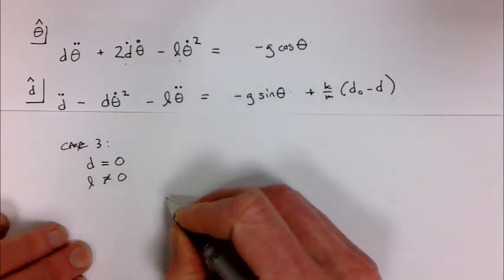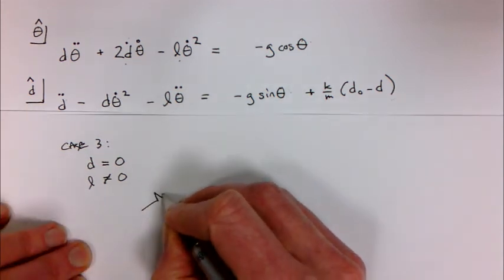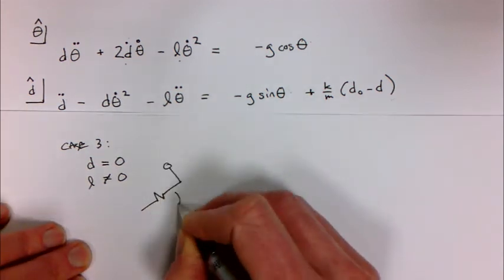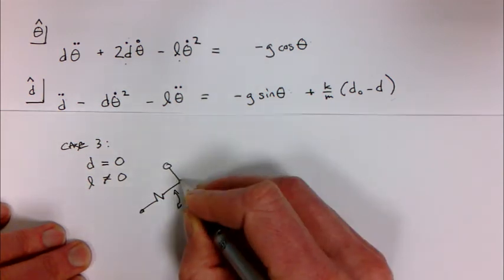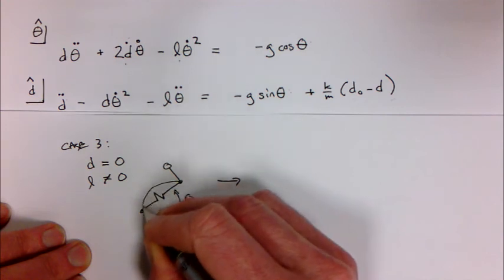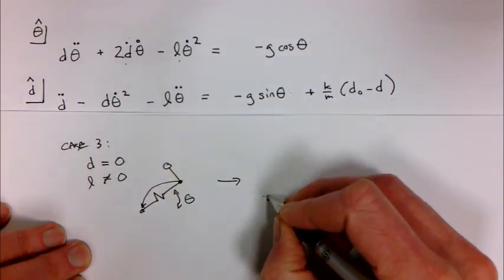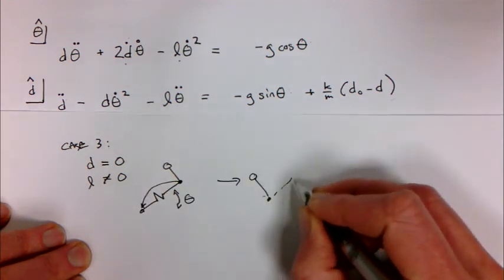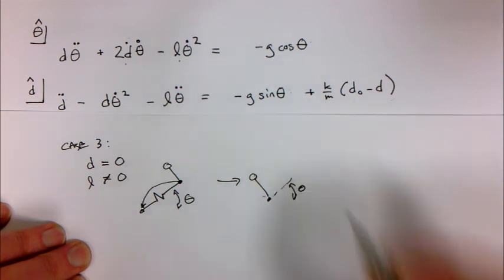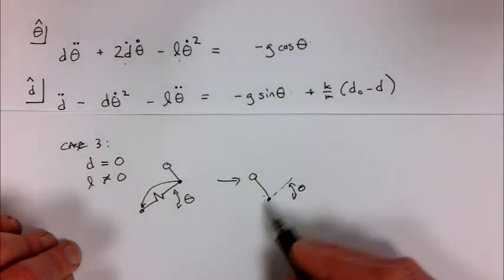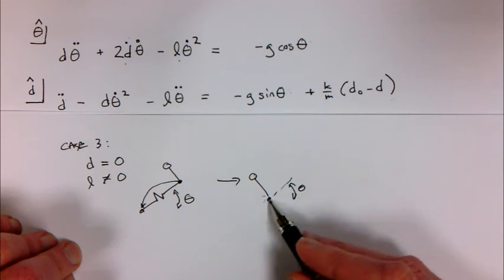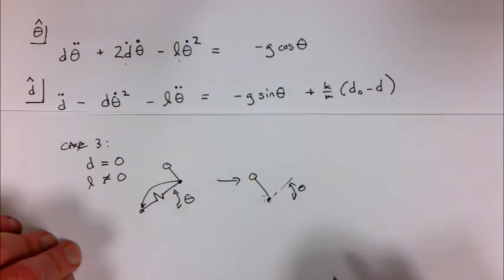Okay, so what this case is actually saying is that we go from this to a case where we basically take this point and move it down to the origin. So we're actually looking at a situation like this, where still theta is defined in this way, but now there's not going to be any motion along this. This point is going to be fixed.